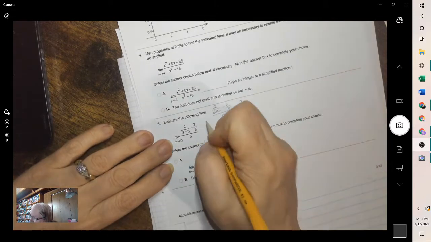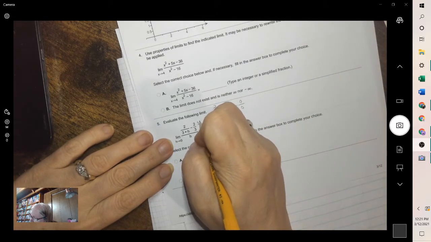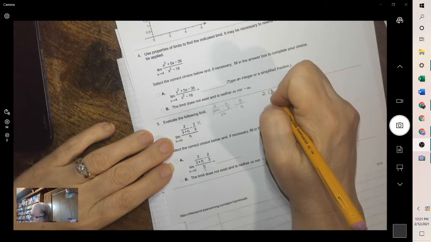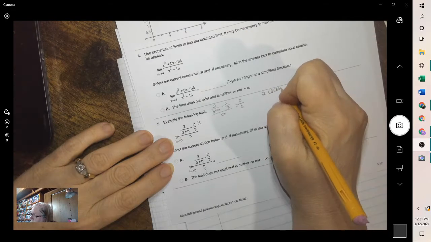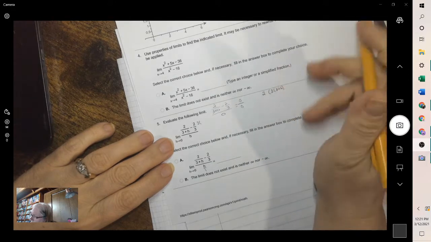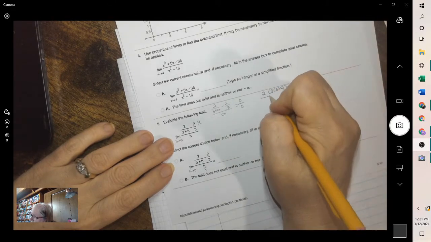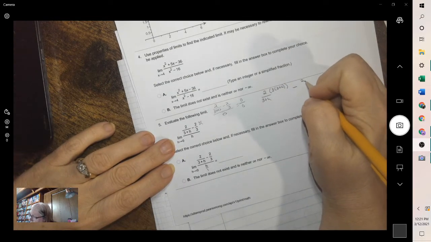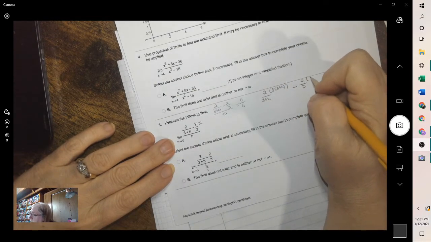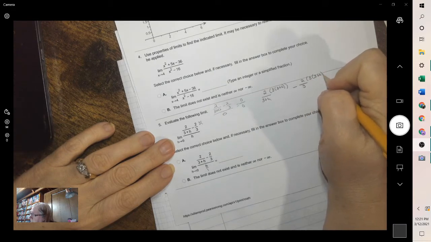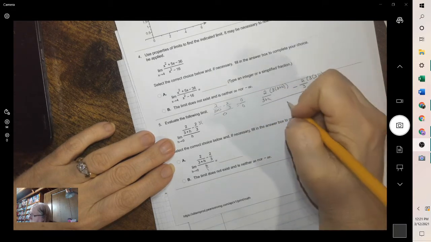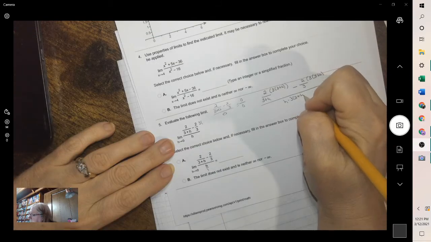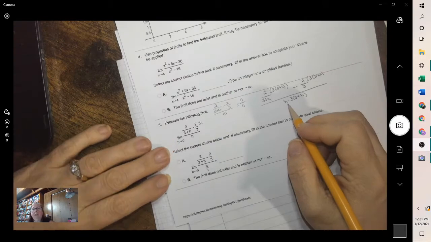So you're going to take all of these and multiply by 3 times 3 plus h, let me make it bigger. And the denominator, you don't want to multiply the denominator out because you want that h that was originally there to cancel.